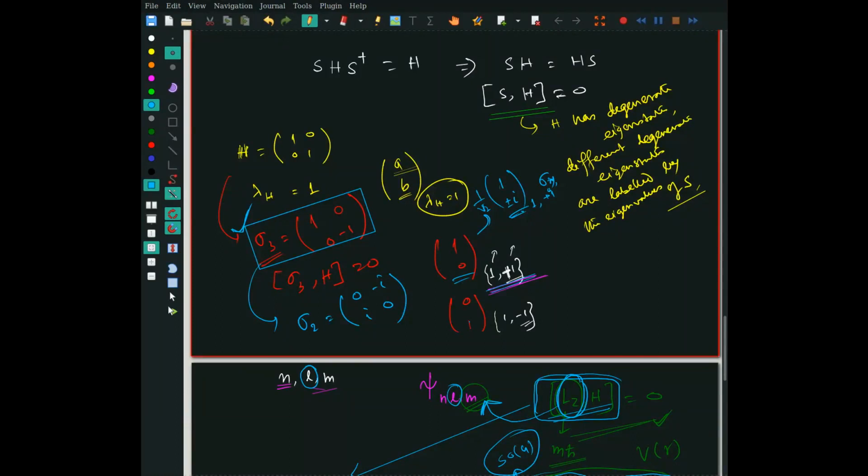Suppose for a harmonic oscillator, energy is conserved for a certain stationary state. Then what is the conserved quantity? No, in a one-dimensional harmonic oscillator, there is no degeneracy. There is no other conserved quantity, so nothing commutes with that Hamiltonian.